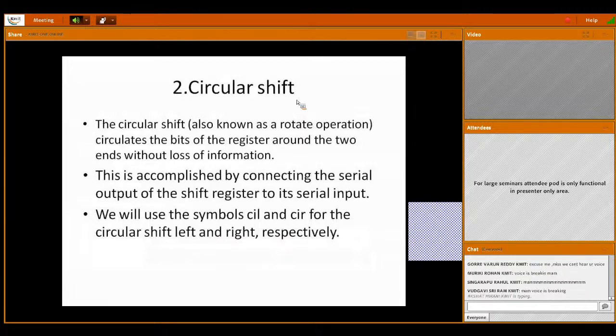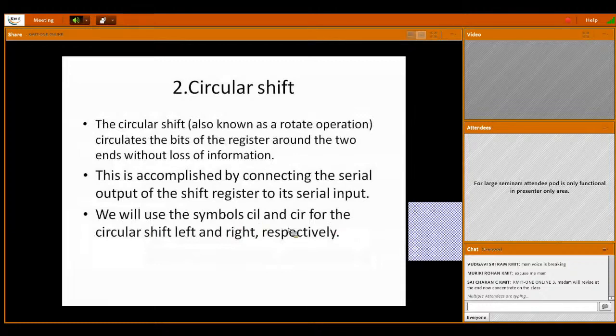That is the reason we call it the rotate shift micro operation. In the same way, this circular shift can also be done either to the left side or to the right side. CIL means circular shift left.